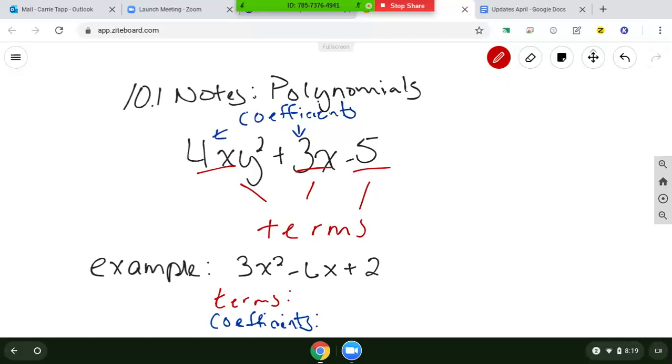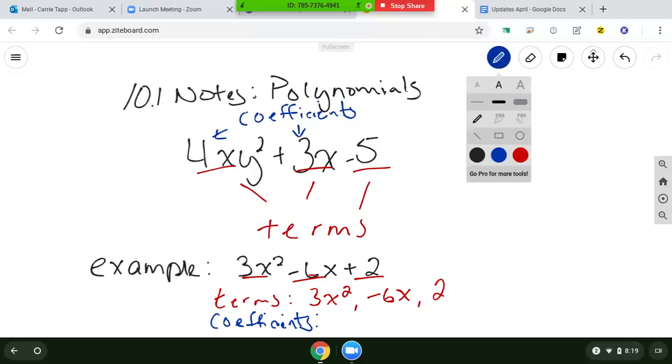In this, there are three different terms. We're going to list them. So we have 3x squared. We also have, we're not going to be adding, negative 6x. And then put a comma, and then we have a positive 2. So those are our three terms.